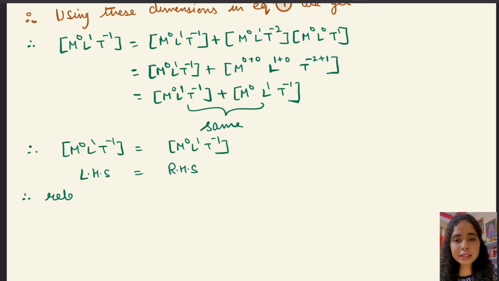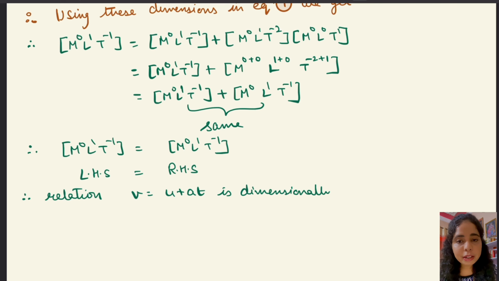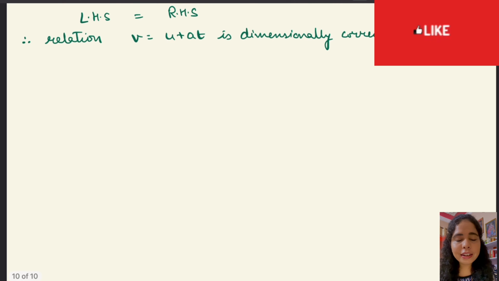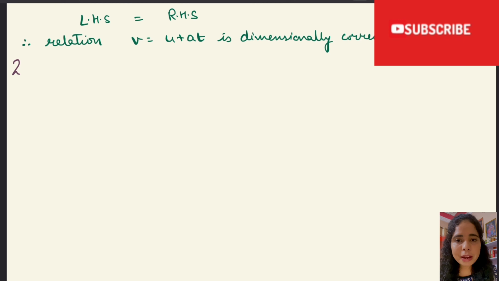In this case, when we are adding up two same dimensional formulas, we will just write it once only. Just keep this in mind. As M0 L1 T minus 1 is equal to M0 L1 T minus 1, the dimensions on the left hand side of the equation are equal to the dimensions on the right hand side. Therefore we can say the given formula is dimensionally correct.